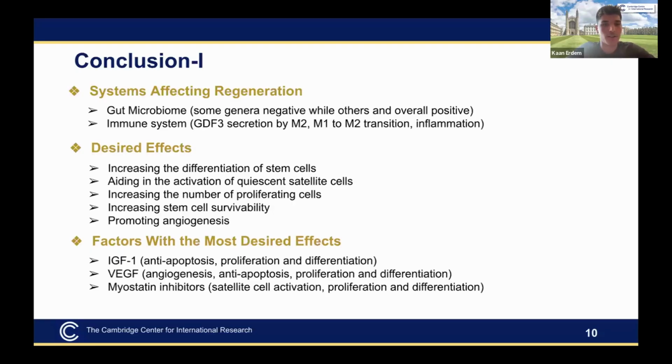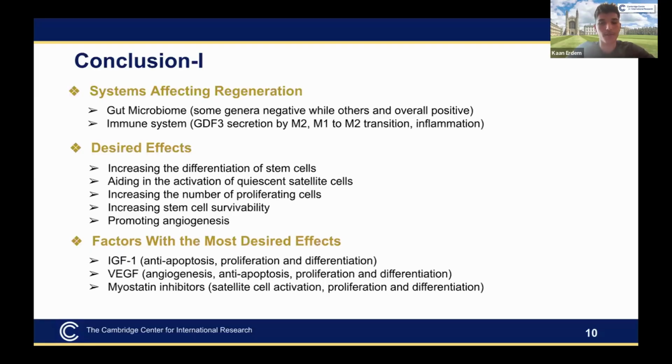So the desired effects I have identified in this paper are increasing differentiation of stem cells, aiding in the activation of quiescent satellite cells, increasing the number of proliferating cells, increasing stem cell survivability, and promoting angiogenesis.